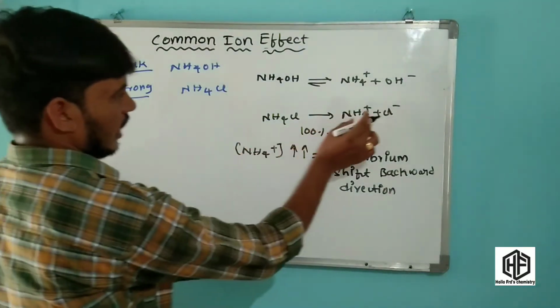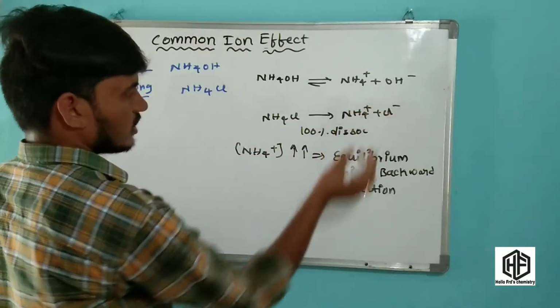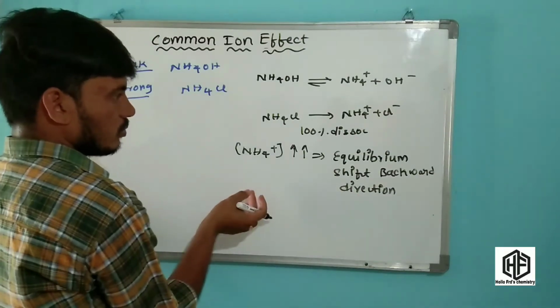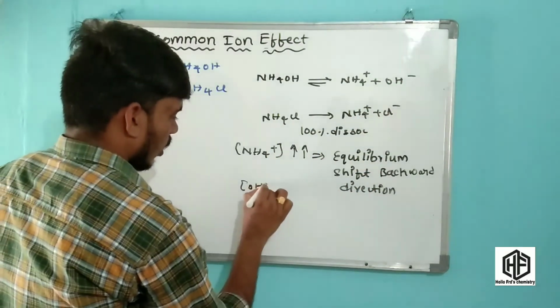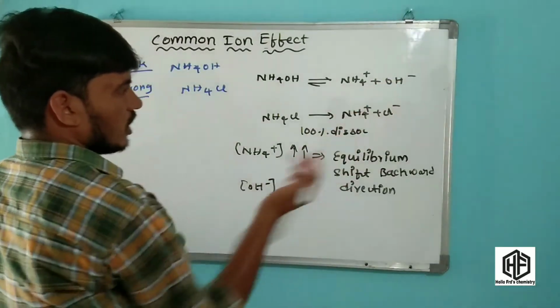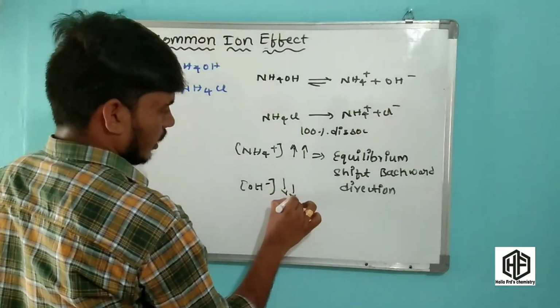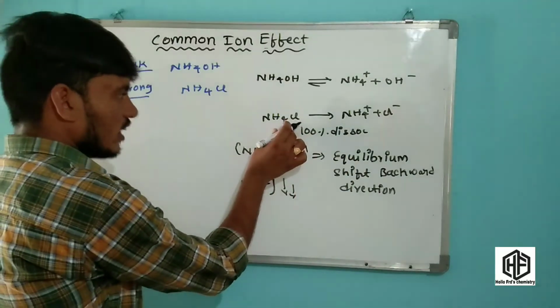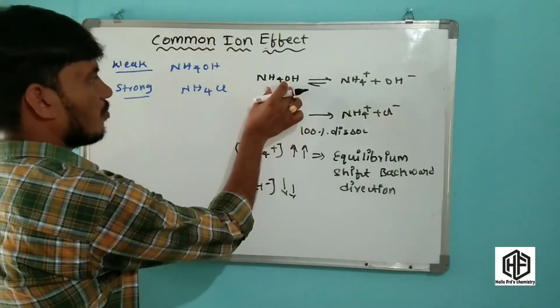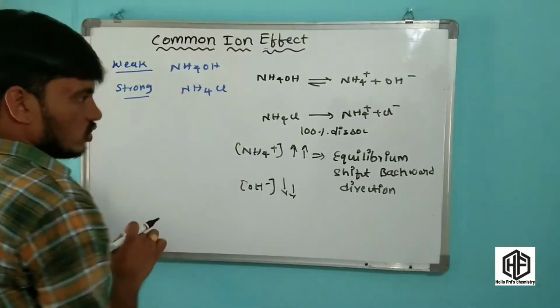What happened there, friends? The NH4 plus ion concentration increases, the equilibrium shifts in the backward direction, and the OH minus ion concentration decreases, because the strong electrolyte is added to the NH4OH weak electrolyte solution.